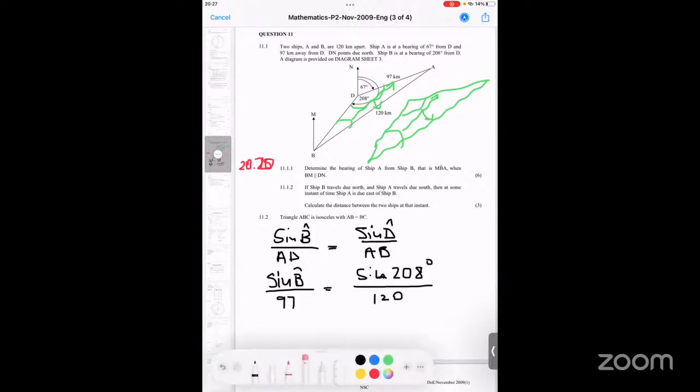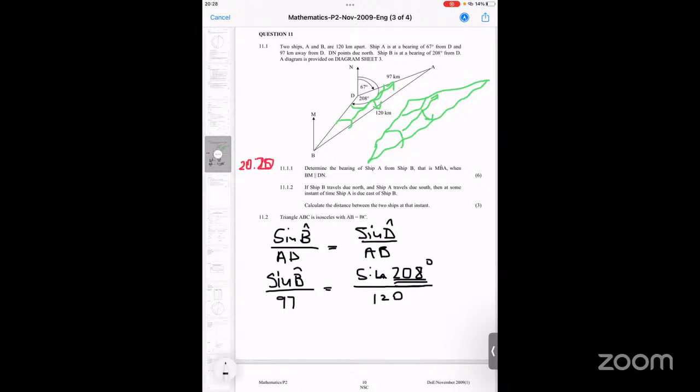Was it 67, sir? I think it was 208. So sine 208 over 120. I just want to find out, are you substituting 208 or 67? It's 208, sir.